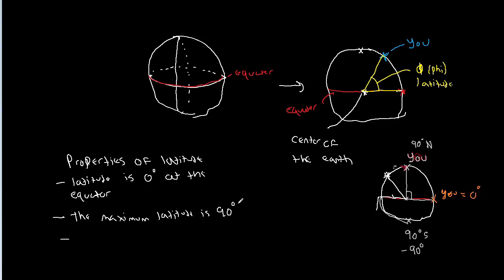It's 0 at the equator, its maximum is 90. North of the equator, denoted with degrees N, is positive.